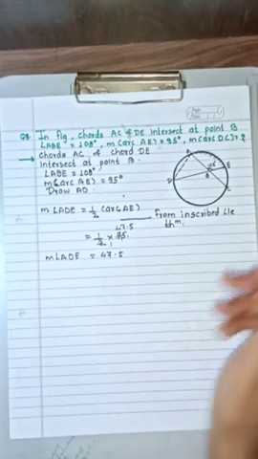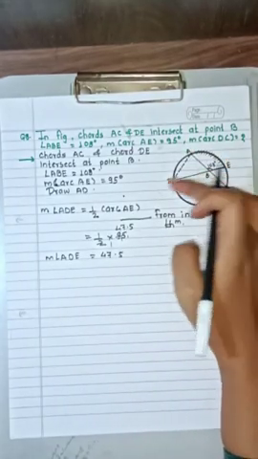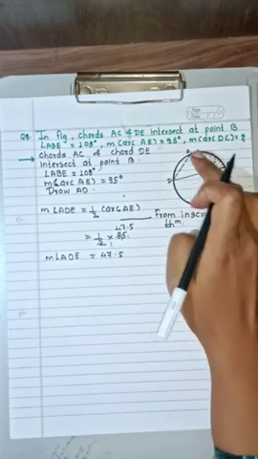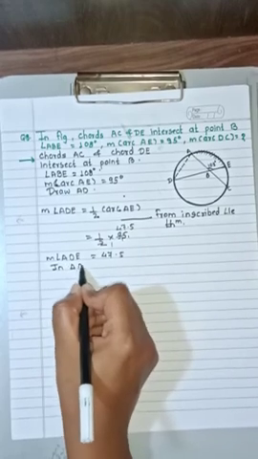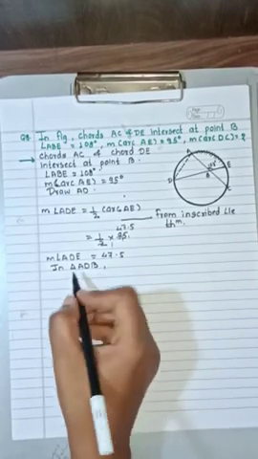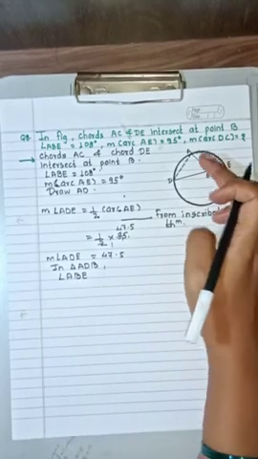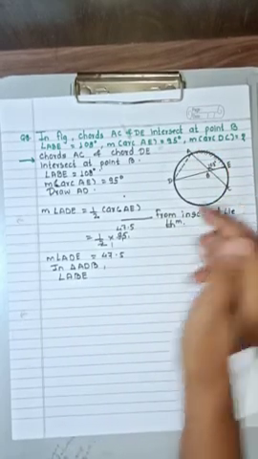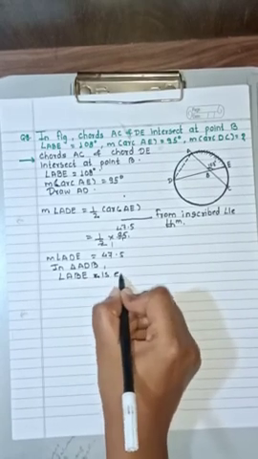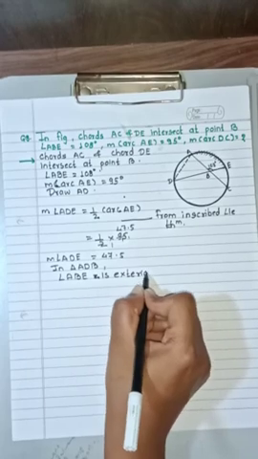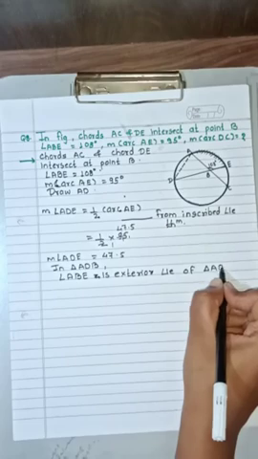Okay, now let us consider the triangle ADB. We'll consider this triangle, you can see this ADB. Now in triangle ADB, angle ABE is the exterior angle of triangle ABD.